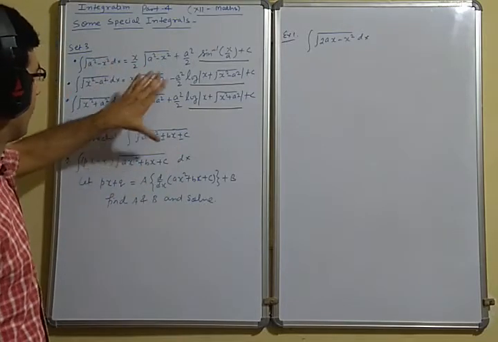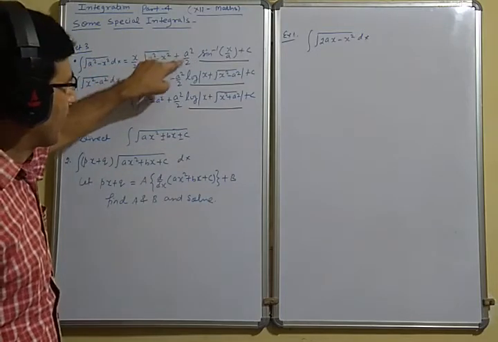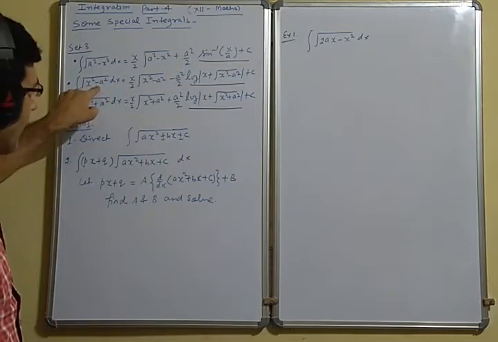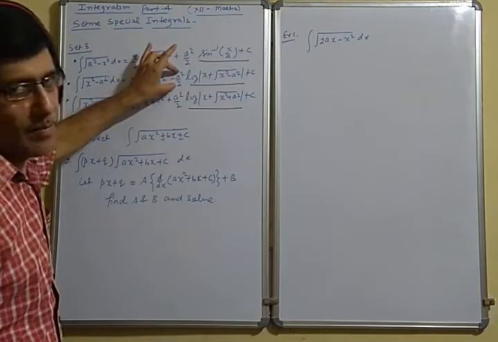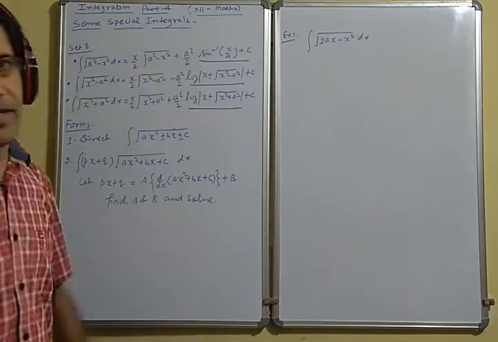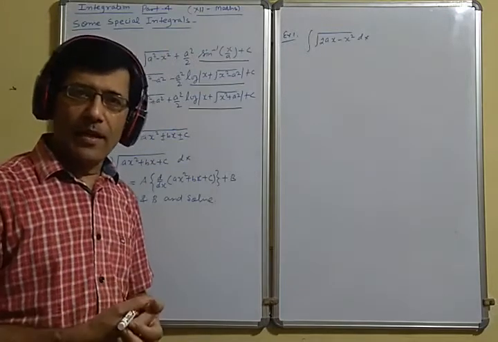Now if a square is positive, you write plus a square by 2, and if it is negative, we will have to write minus a square by 2. With the help of this technique you can learn it easily.